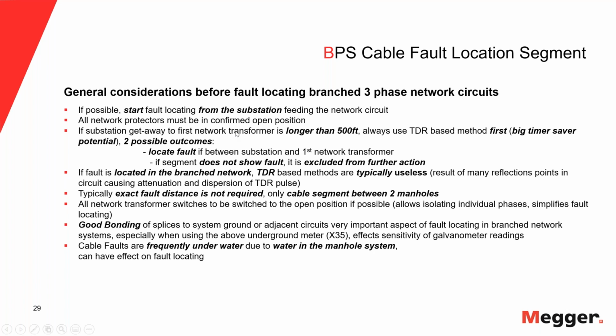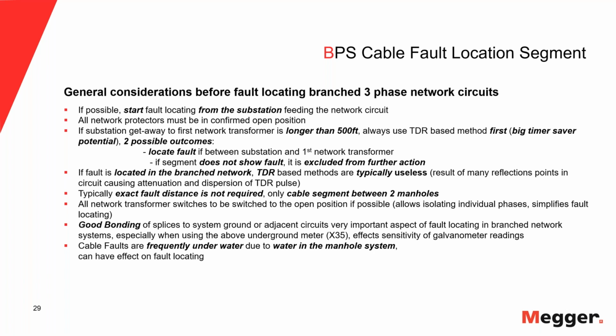Then I have to look at going out from the substation. I normally have what we call a substation getaway, and that can be a cable that could run maybe from a couple hundred feet, but could also be maybe 1,000, 2,000 feet to the first, let's say, either branch point or to the first network transformer.